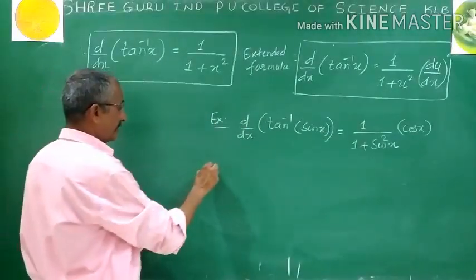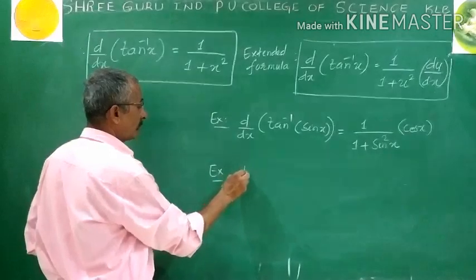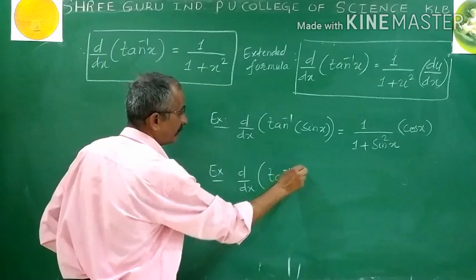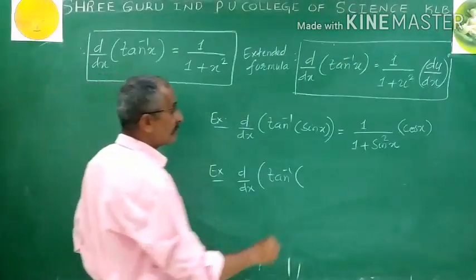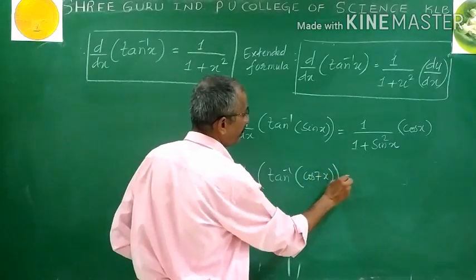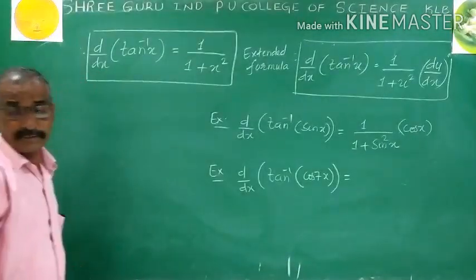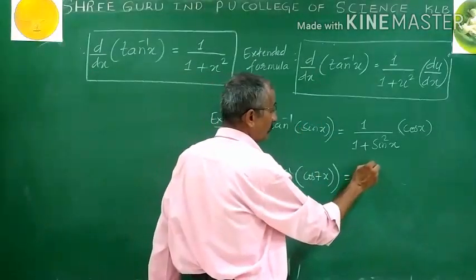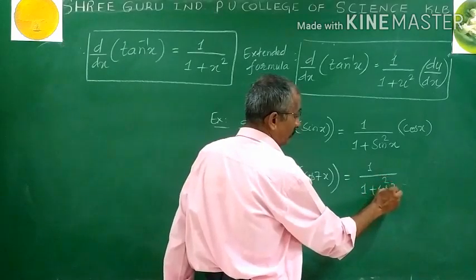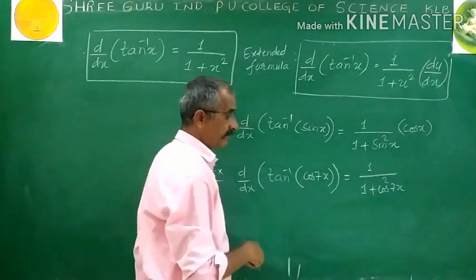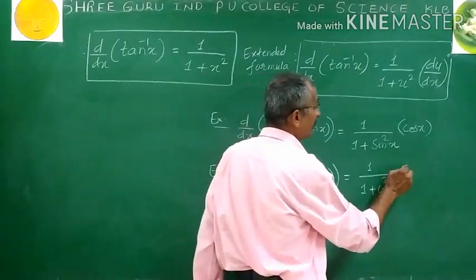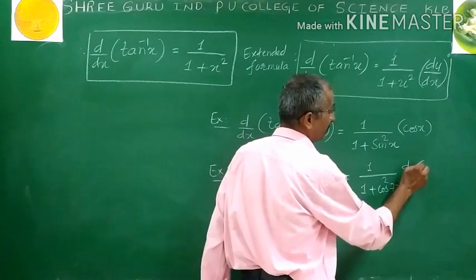Similarly, another example: suppose you wish to calculate the differentiation of tan inverse of cos 7x. By that formula, it is 1 by 1 plus u square, which means 1 by 1 plus cos square 7x, multiplied by the differentiation of cos 7x.